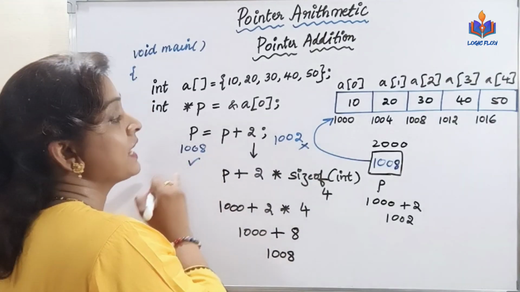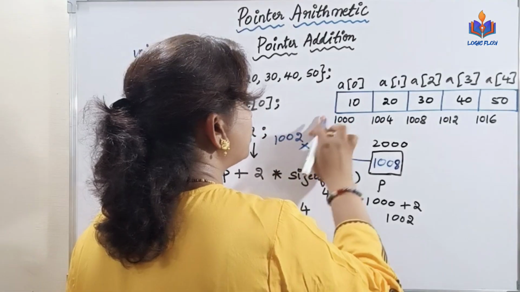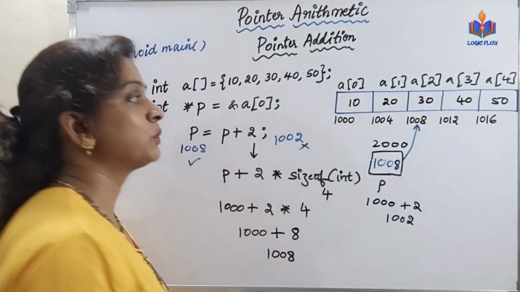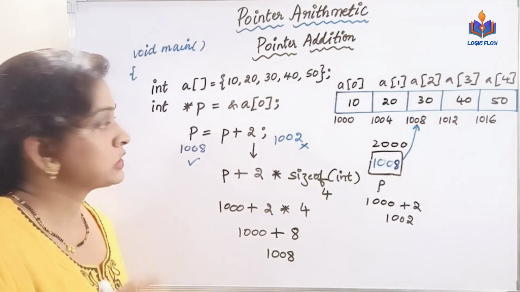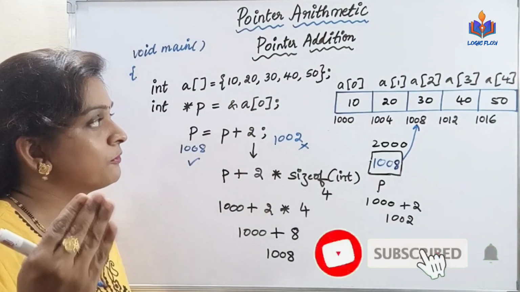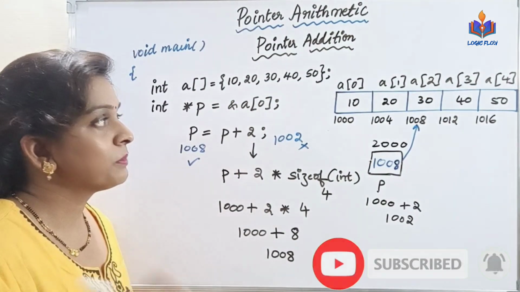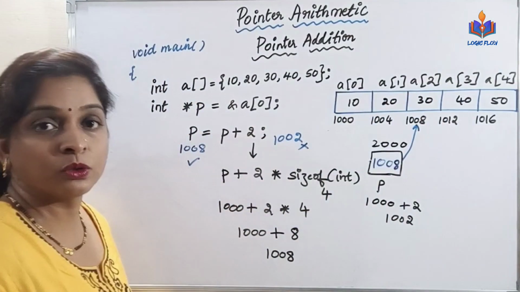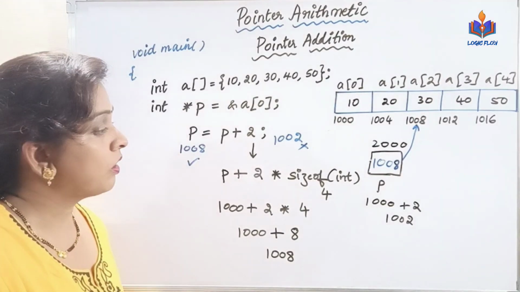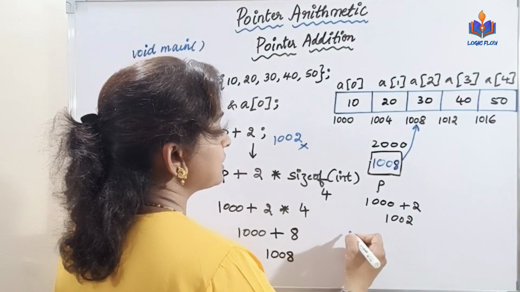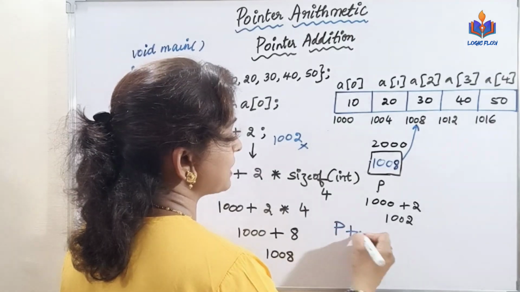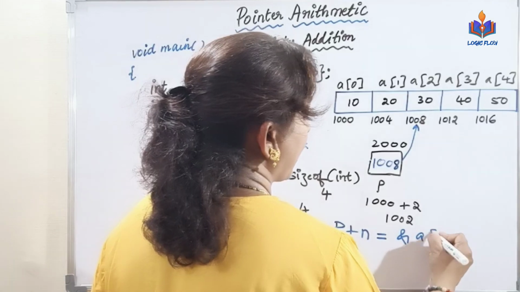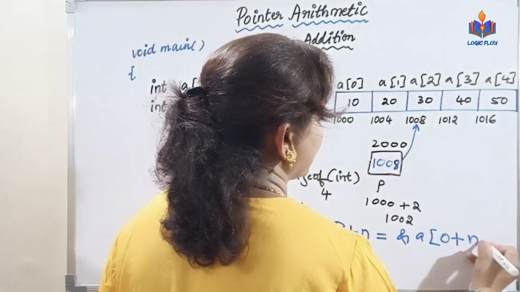It is 1008. So now it is pointing to 1008, means to say it is pointing to the third element. So when I say 1000, the base address, plus 2 means it is pointing to the third element. 1008, it is pointing to the third element. Or in general, you can just say pointer plus n is equal to address of A of 0 plus n.